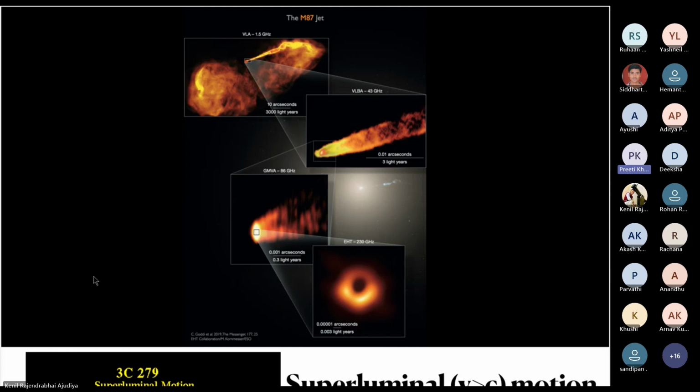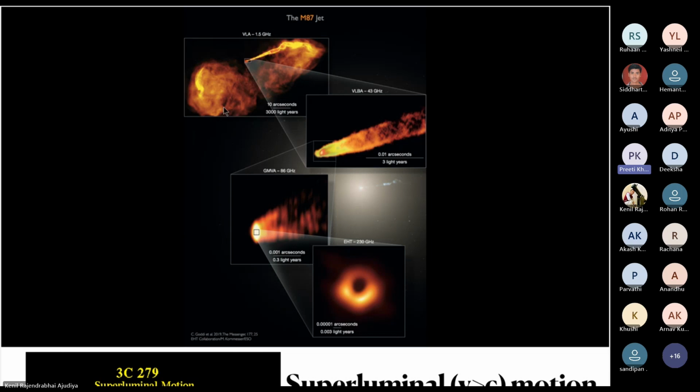All four panels are radio images, and the topmost is an image obtained by the Very Large Array. It's a radio telescope which has a resolution of a few arc seconds, very similar to the GMRT that we operate at NCRA. And you see nice jets. You can see lobe emission, the diffuse emission which is not in jets.